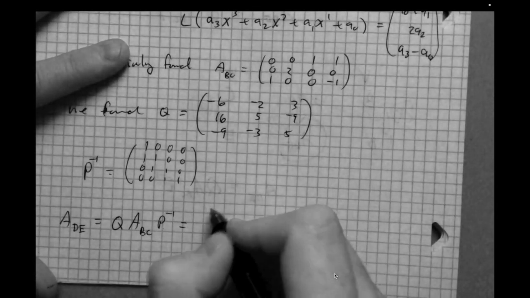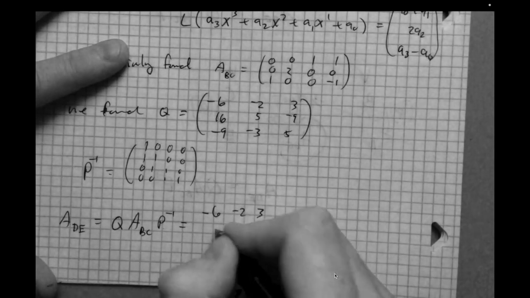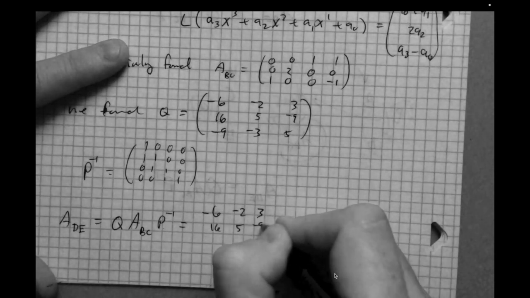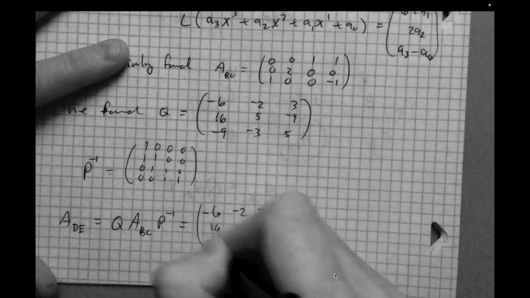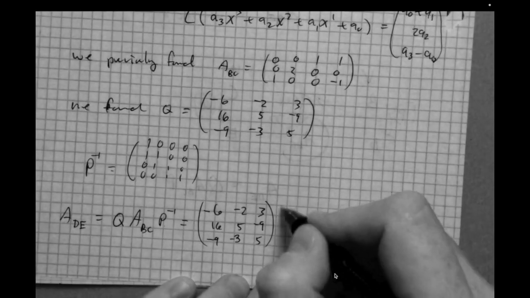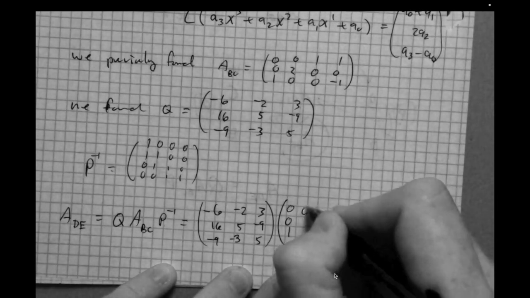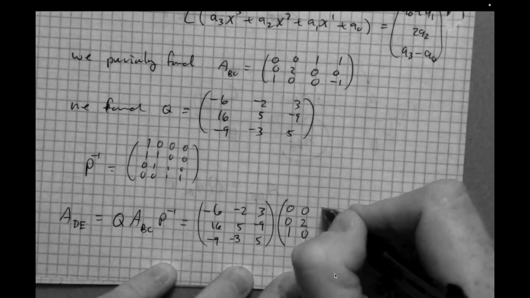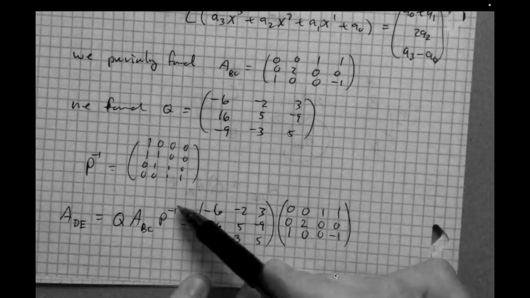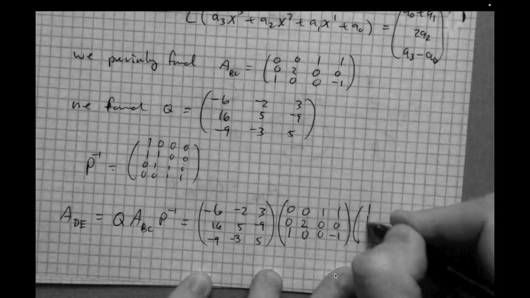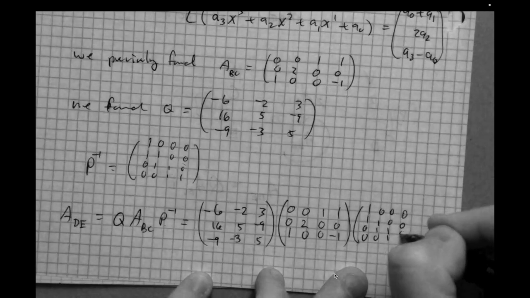You can verify, make sure you get these matrices and know where they come from. Negative 6, negative 2, 3, 16, 5, negative 9, and then negative 9, negative 3, 5. That's Q. And then A sub BC we found before, it's 0, 0, 1, 0, 2, 0, 1, 0, 0, 1, 0, negative 1. And then P inverse is this one, 1, 1, 0, 0, 0, 1, 1, 0, 0, 0, 1, 1, 0, 0, 0, 1.